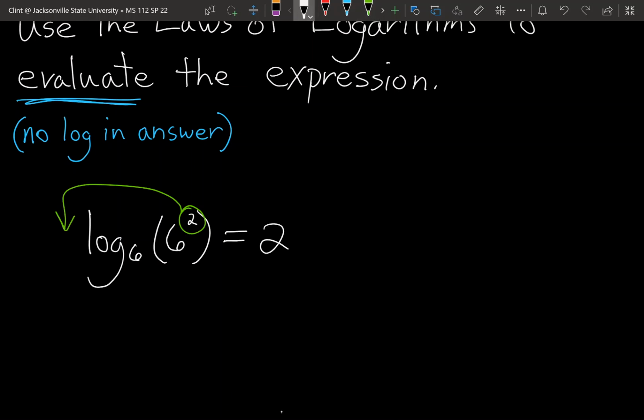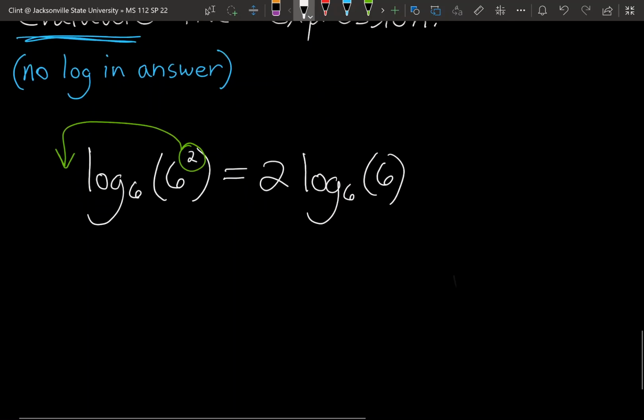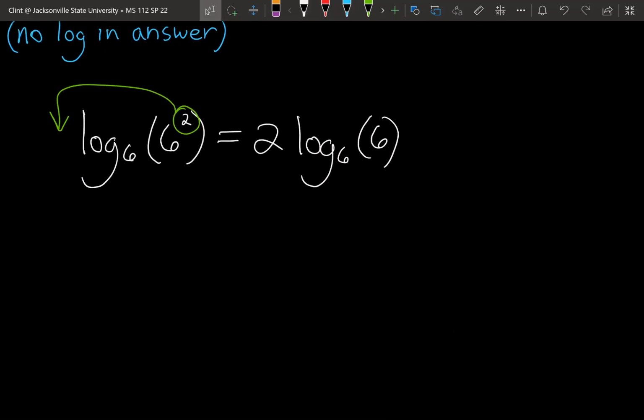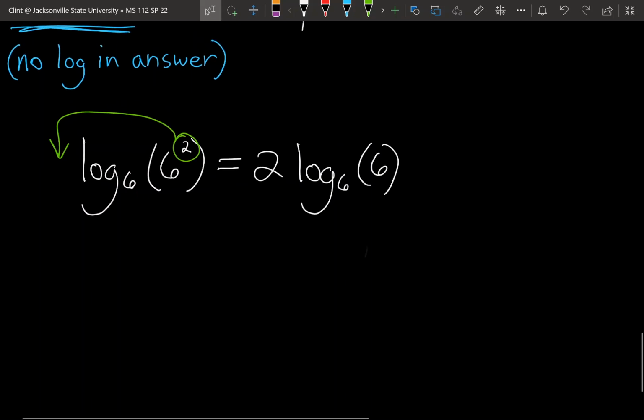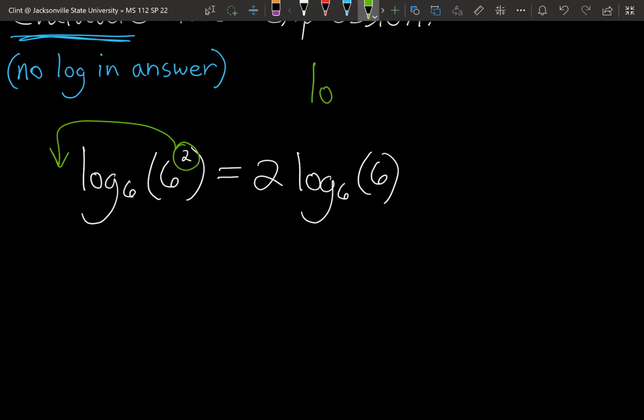This will be 2 times log base 6 of 6. Then we're trying to figure out a number for our answer. Anybody remember what log base 6 of 6 would be? It'd be 1. Here's a refresher: anytime we've got log base b of b, where the base and the thing inside match, that's 1. So this turns into 2 times 1, which is 2.